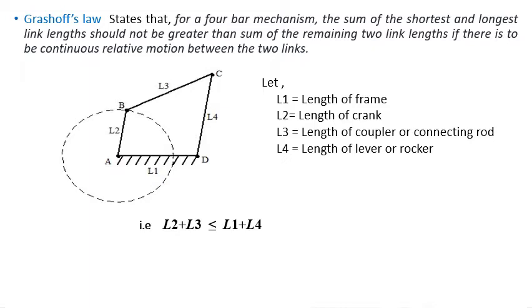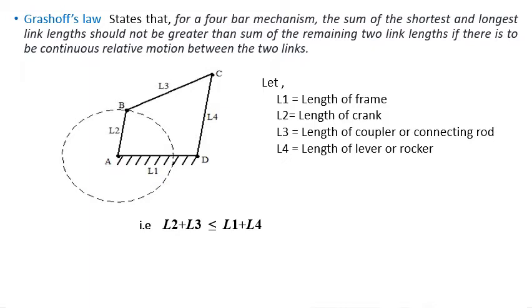Okay, so according to Grashoff's law, the sum of the shortest and longest link length should be less than or equal to the sum of the other 2 link lengths. Then only one of the links will have a rotational motion or revolution. Okay, so if it is having a revolution, then we can use it for practical application.